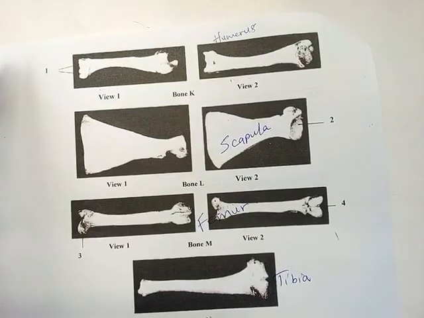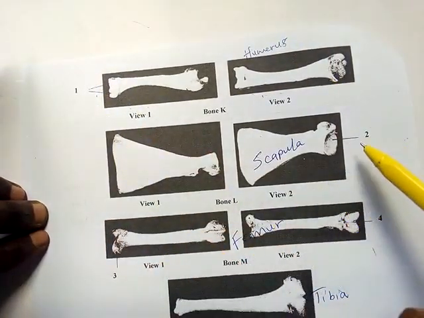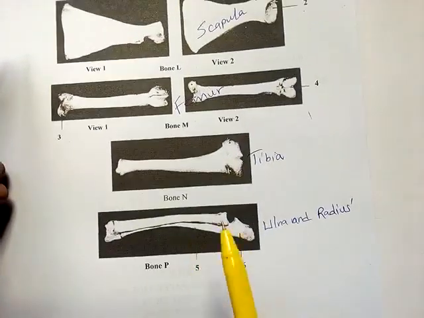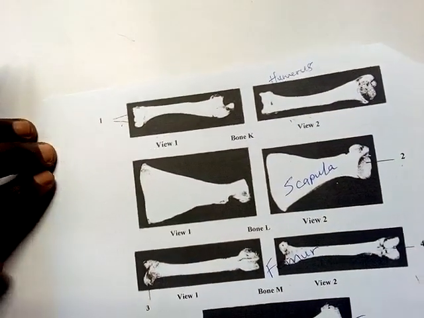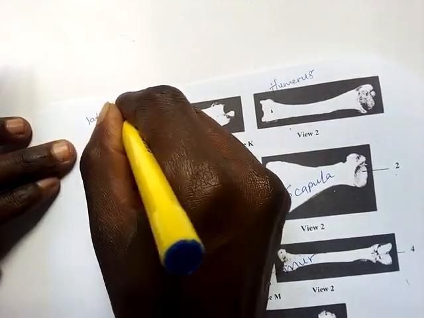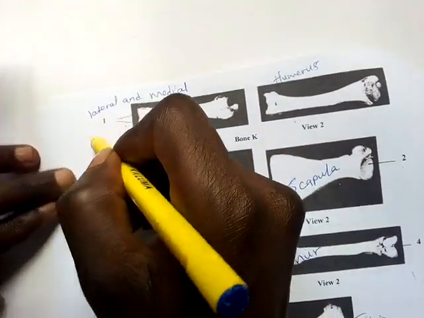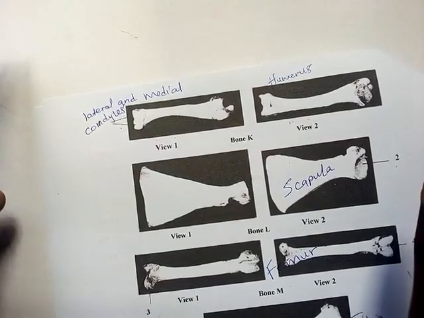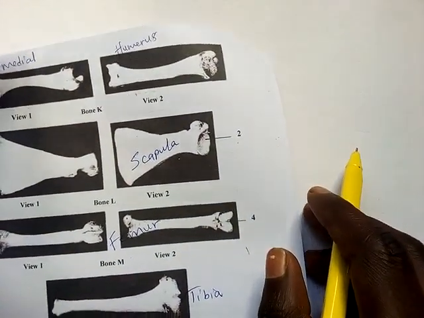Let's see those parts. Now, as you can see, this is the number 1, number 2, number 3, number 4 and number 5. Now the first one is found in the humerus, number 1. These are the lateral and medial condyles, or you can simply call them condyles. And then number 2 is found in the scapula.